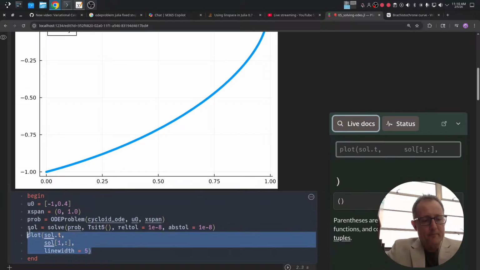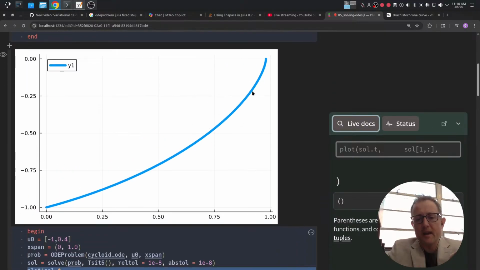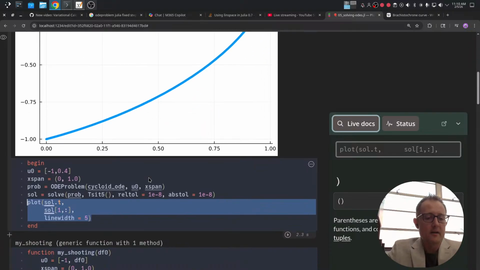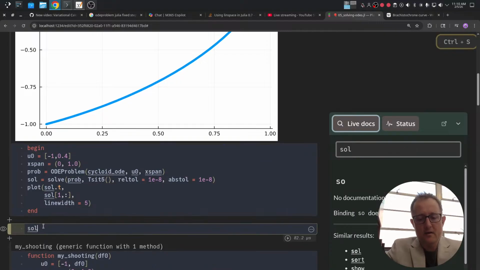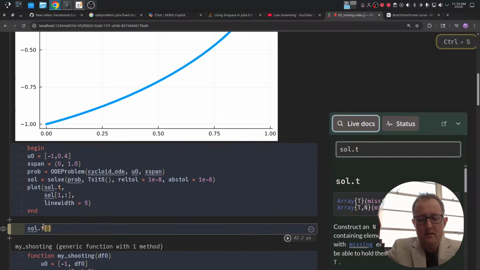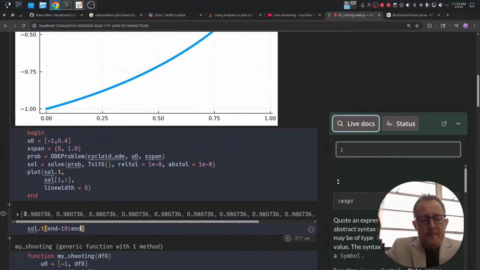And then the final part is just, show me t and f. So this is my f of x and this is my x parameter. What I can see here is I'm not getting all the way to 1. I'm close but not quite there. If I add another thing here and look at sol t, from end minus 10 to end, I'm solving the same thing over and over.